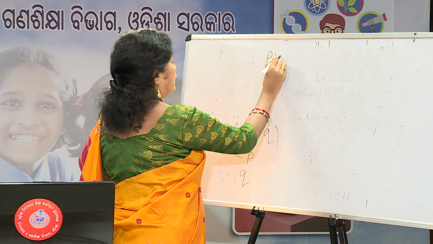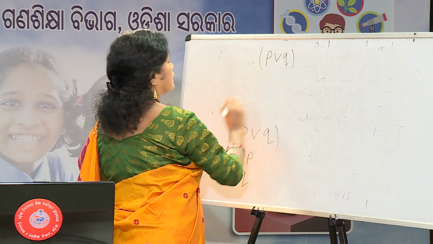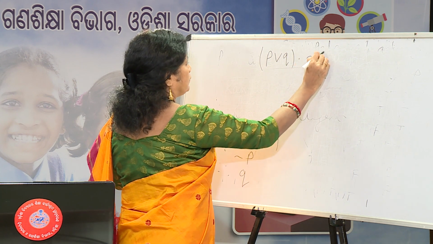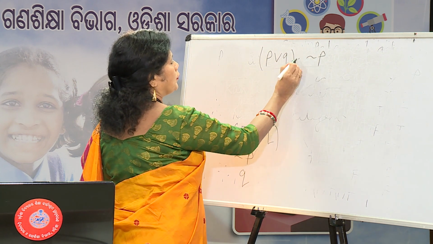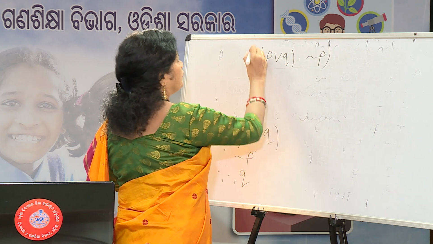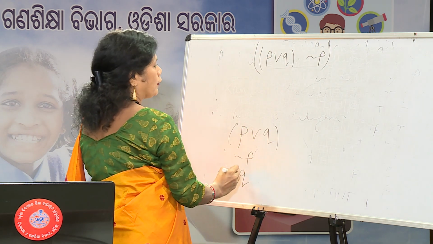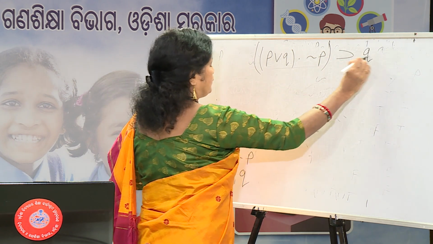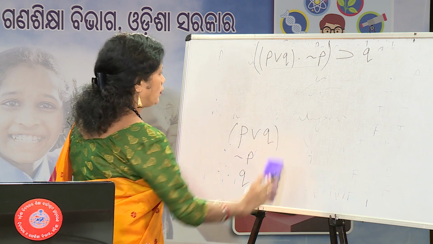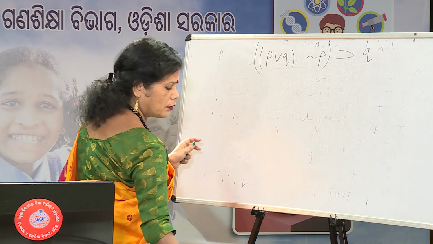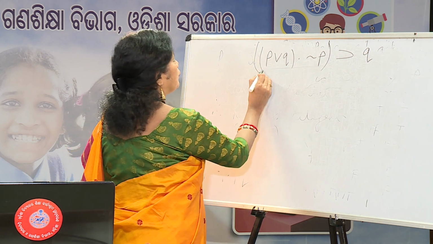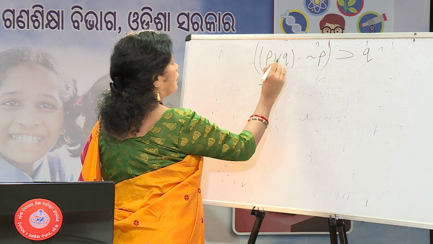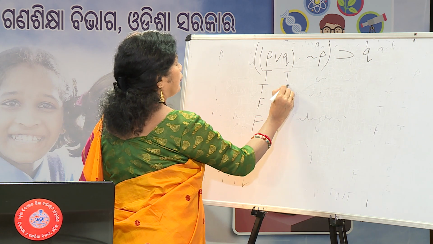Argument: P or Q, this is the major premise, then the minor premise is not P. Between the minor premise and the major premise there will be an and sign, then the conclusion will have the implicative sign, implies Q. Okay. So, now what are the possibilities? For P Q: TT, FF, TF, TF.